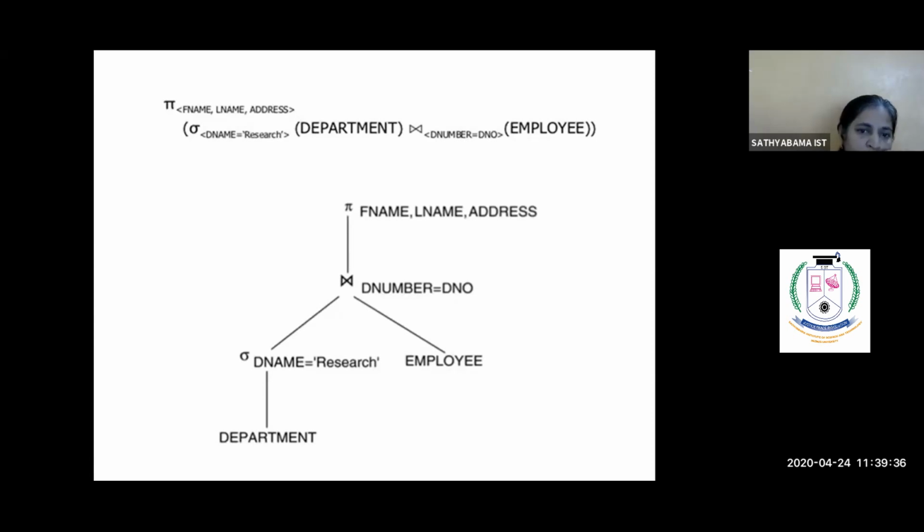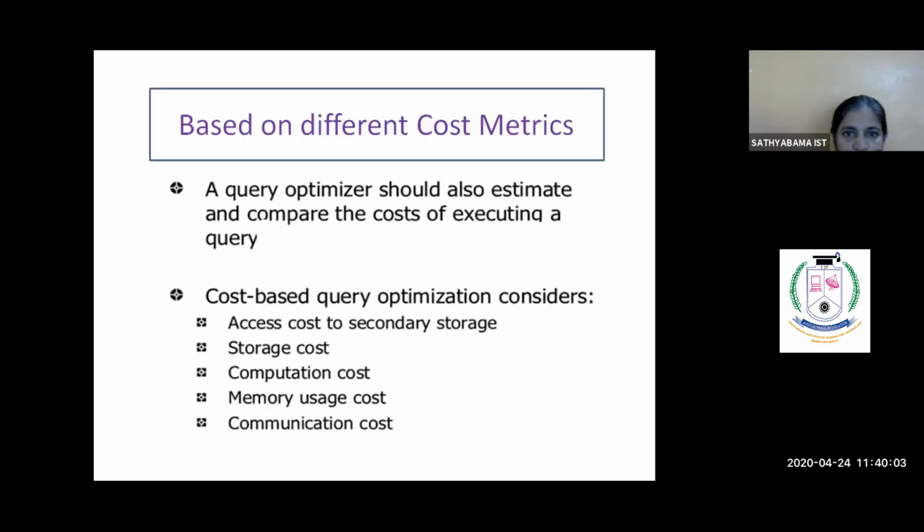The department table where D name is research, and all the employee attributes from the employee table, we join by using D number equal to D number. So whoever is working for the research department alone will be joined, and from there we fetch only first name, last name and address. The rest of the attributes we don't need, so we project only those. So this is another optimized query tree.